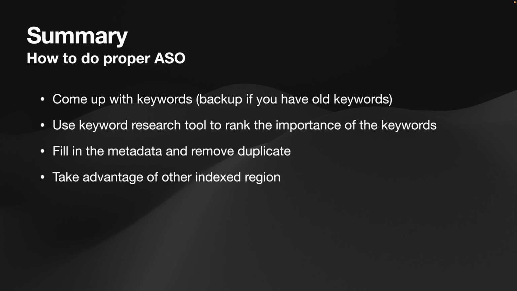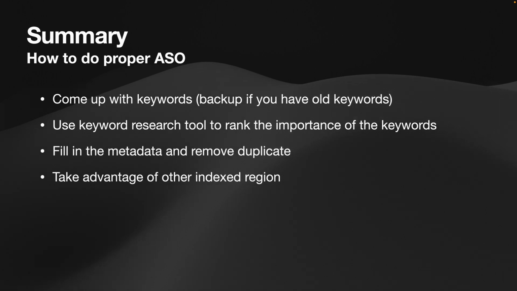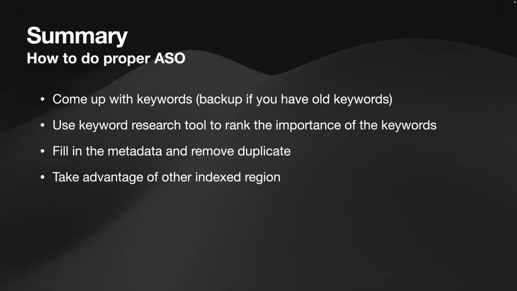Instead of trying to fill all the localizations with every single keyword you're able to come up with, you divide those keywords into themes, and each language will have a cohesive theme. For example, if your app can both record sleep and snore, you can have one set of keywords focusing on sleep in US localization, and another set of keywords focusing on snore, for example, in Chinese Simplified localization.